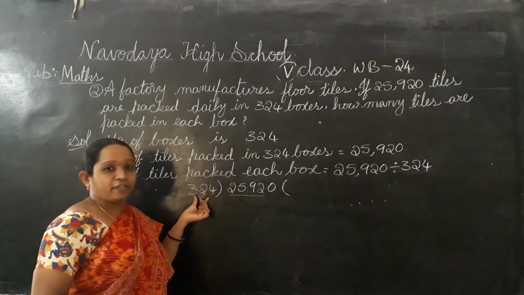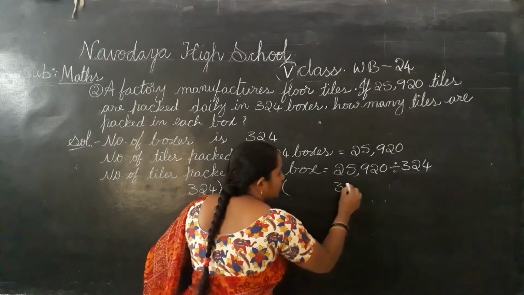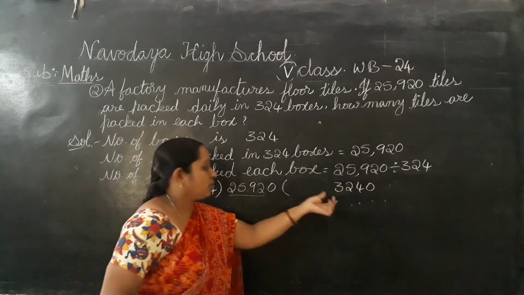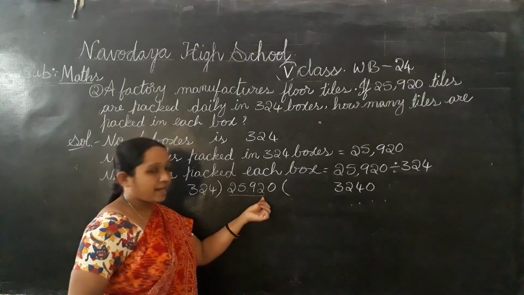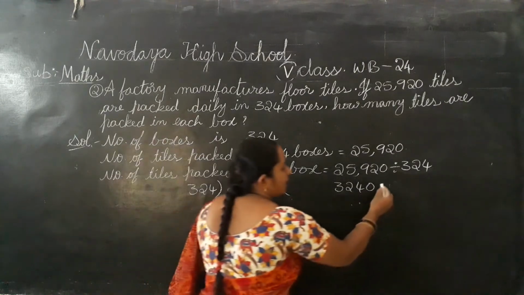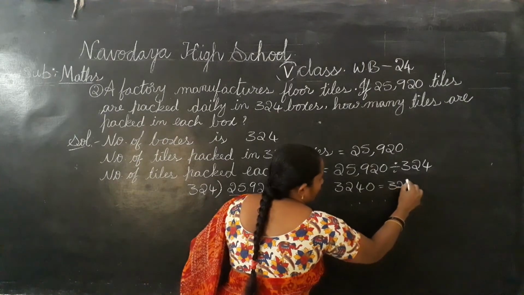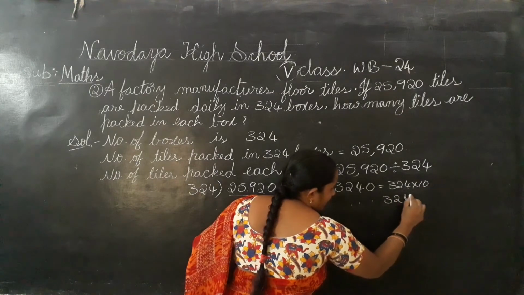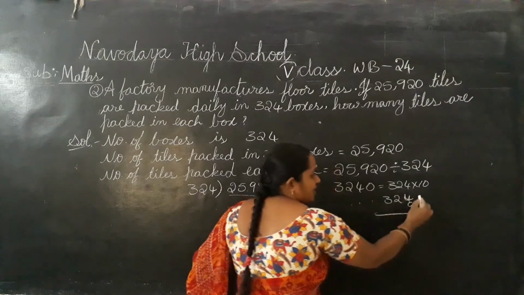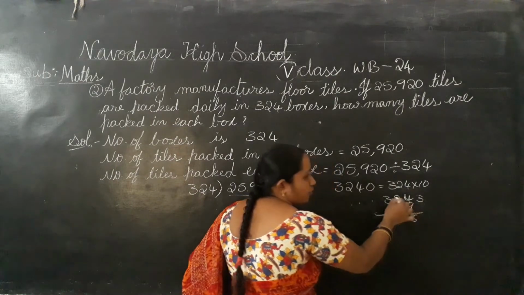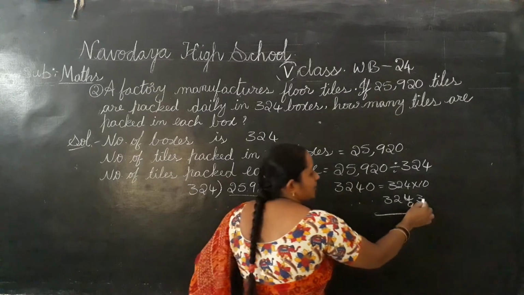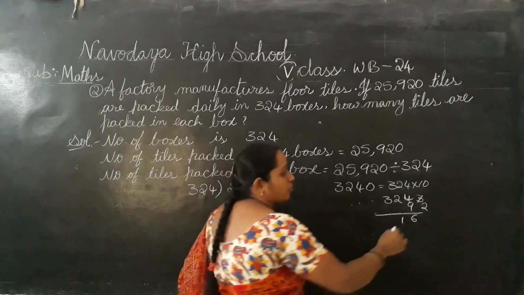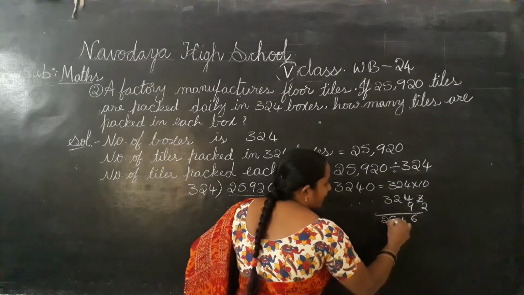I think 324 tens are 3,240. It is nearer to 2,592, children. Now multiply 324 with nines. 9 fours are 36, 9 twos are 18, 18 plus 3, 21. 9 threes are 27, 27 plus 2, 29.